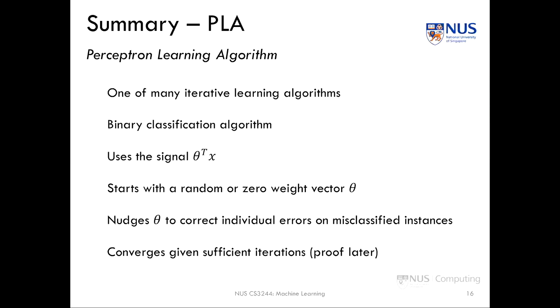We can start it with any type of weight vector we want, for example, a zero weight vector. And every time we go through an iteration, we identify an error and try to correct it by nudging the weight vector theta in the correct direction to get that individual example correct. And it will converge given a sufficient number of iterations if the data is actually linearly separable.